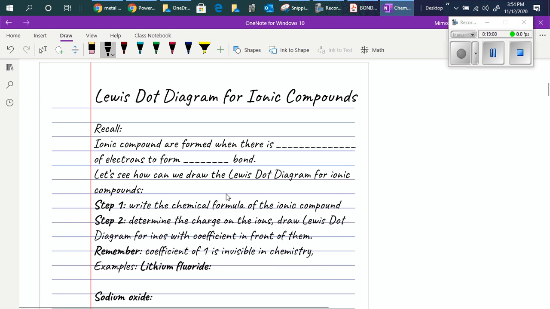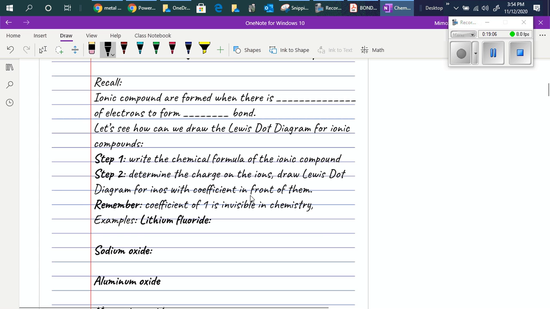And now let's see how we can draw the Lewis dot diagram for ionic compounds. Let's recall what ionic compounds are. During the formation of an ionic compound, a metal is combined with a non-metal. The metal has a tendency to lose the electrons in the outer shell to keep the valence shell empty in this case, and then the electron lost by the metal is gained by the non-metal.